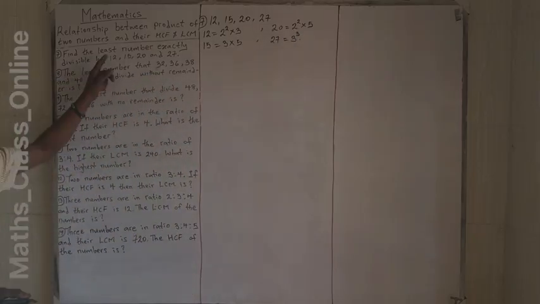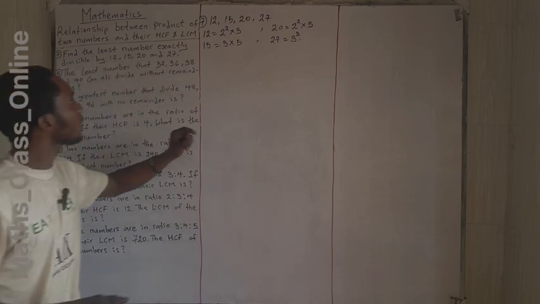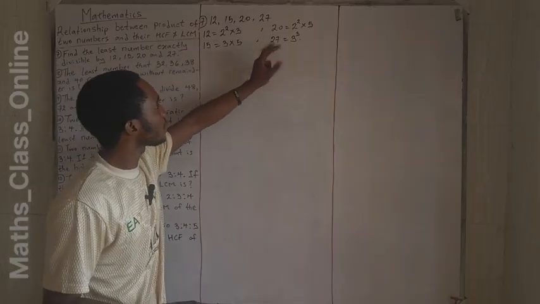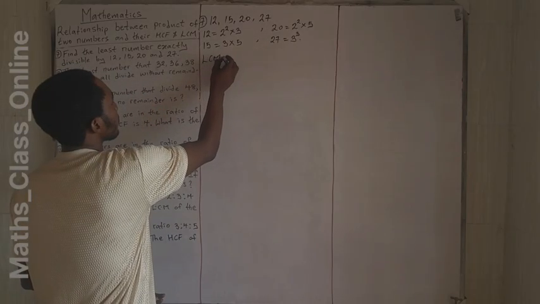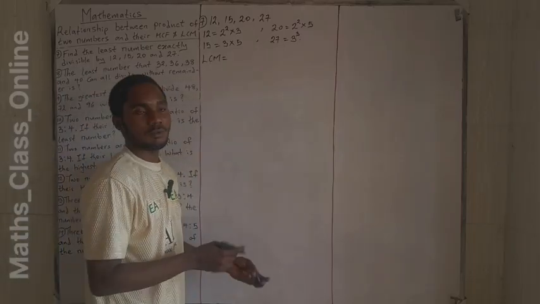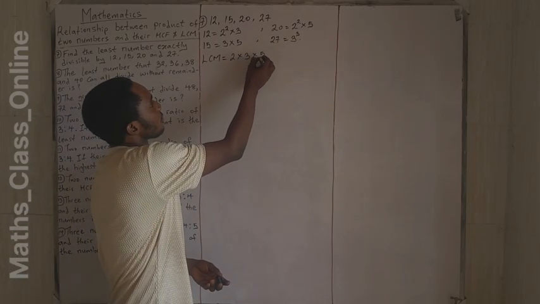We are looking for the least number divisible by 12, 15, 20, 27, that means the LCM. What are the prime numbers that we have here? We have 2 multiplied by 3 multiplied by 5.